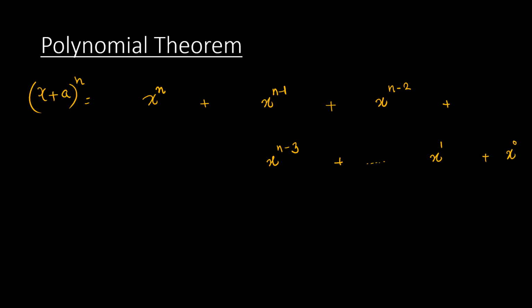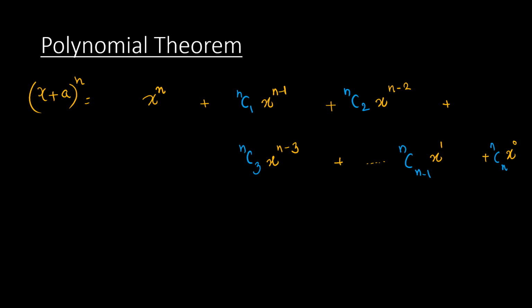Now we have nC1, this is nC2, this is nC3, etc. nC n minus 1, and the last term we have nCn.